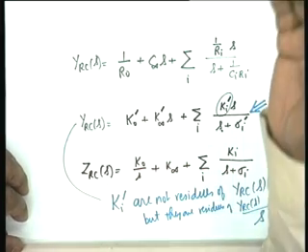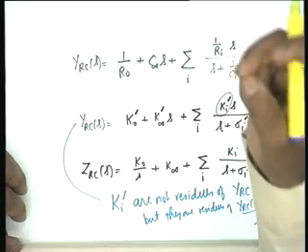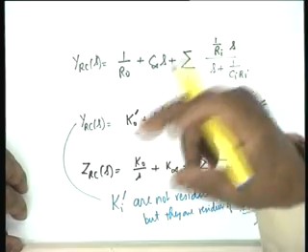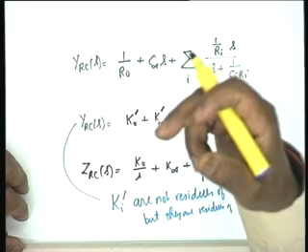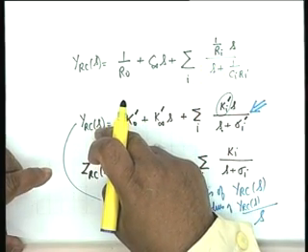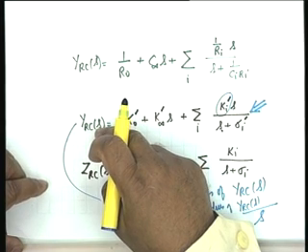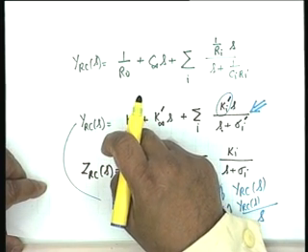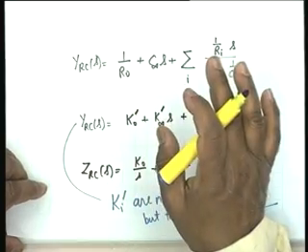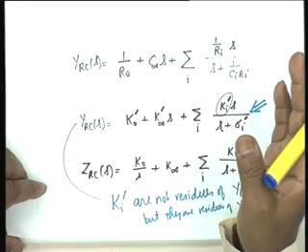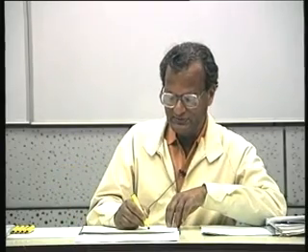The poles of YRC are the zeros of ZRC, isn't that right? Because Z and Y are reciprocals of each other. Poles of YRC must be the zeros of ZRC, and the conclusion therefore is that poles and zeros of RC driving point functions, either impedance or admittance, it does not matter, must lie on the negative real axis. Okay. So, let us make this statement.